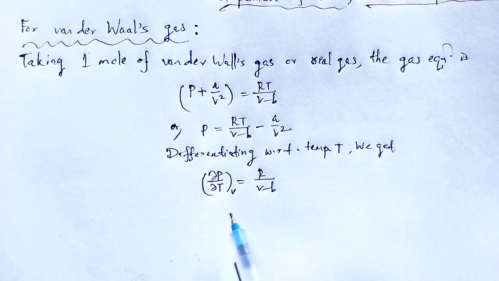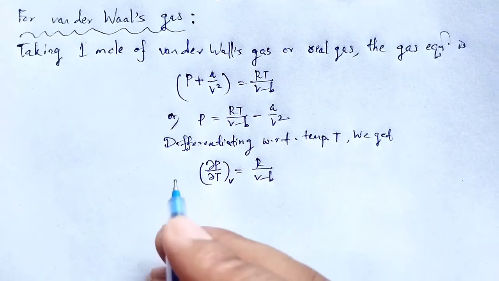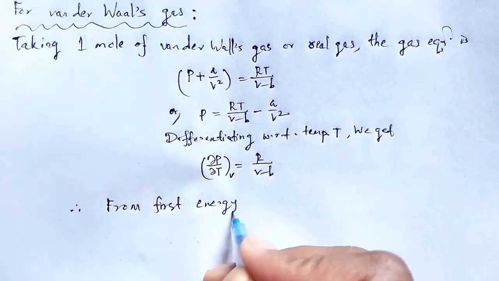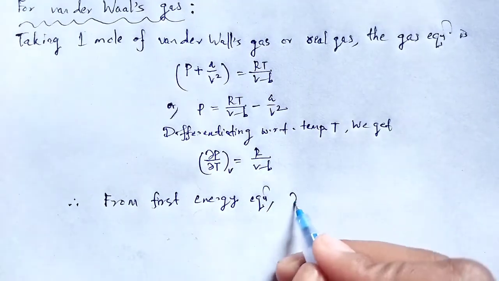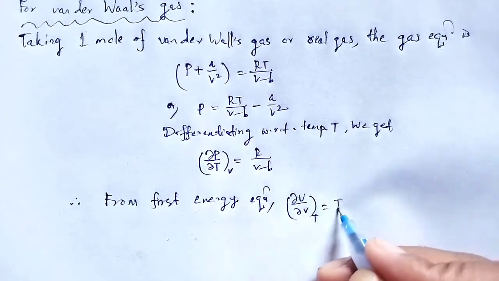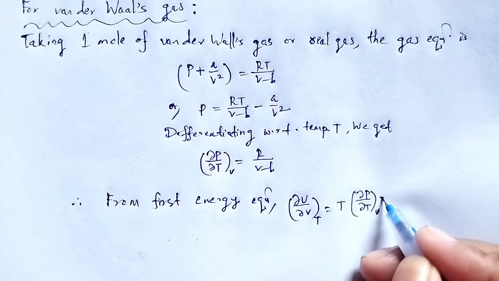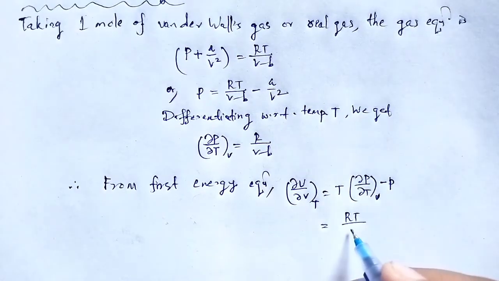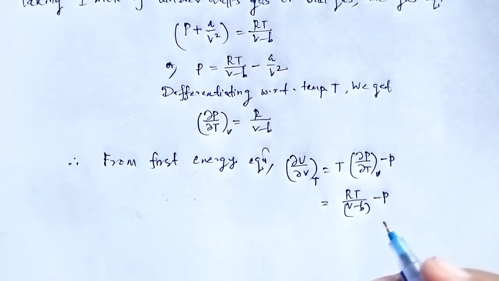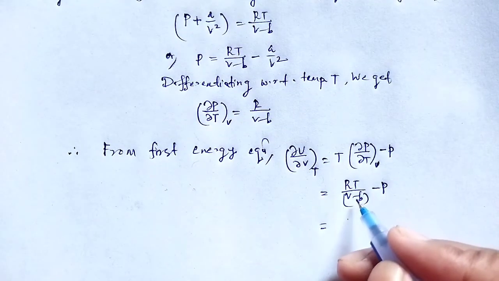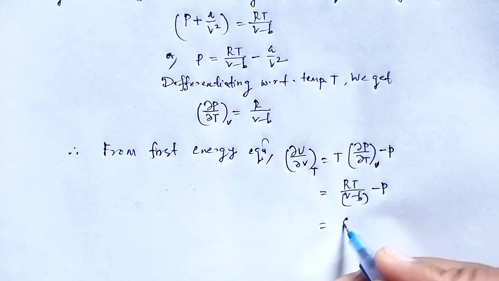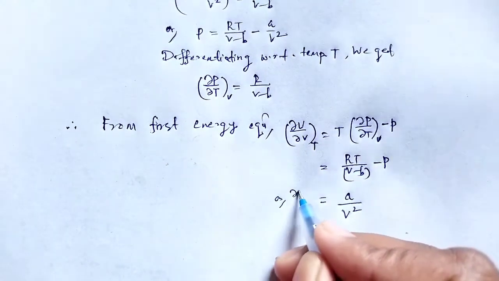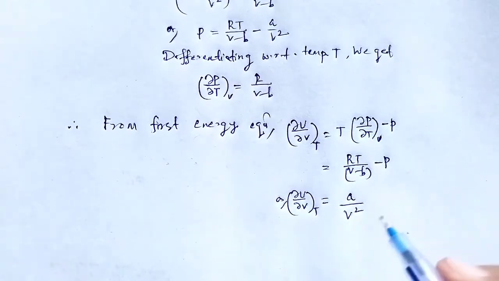Now using the first energy equation, ∂U/∂V at constant temperature is equal to T(∂P/∂T) at constant volume minus P. So that is RT divided by (V − b) minus P, and that term is a divided by V², which is the value of ∂U/∂V at constant temperature.